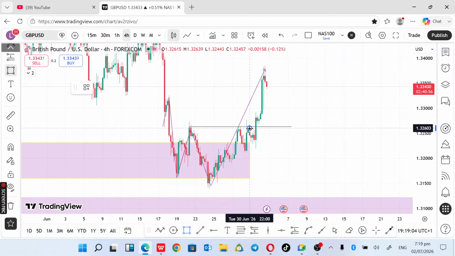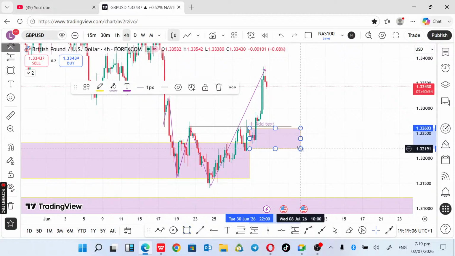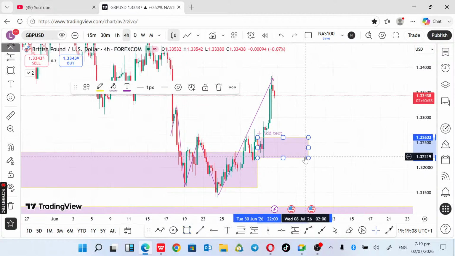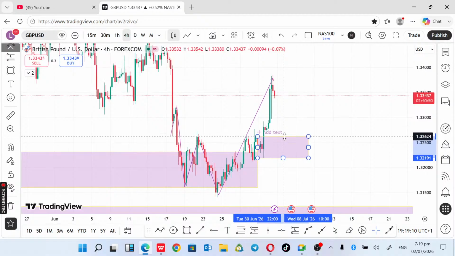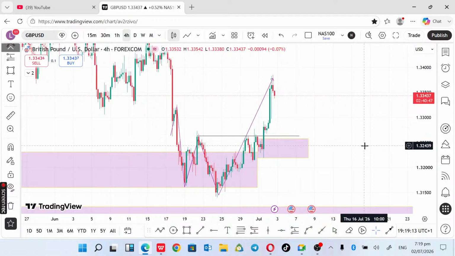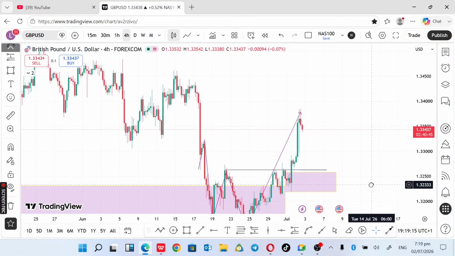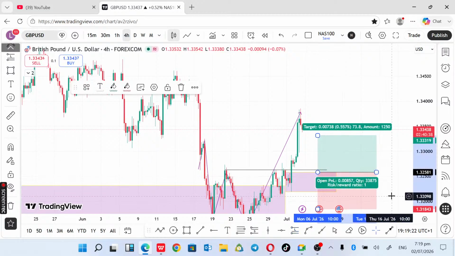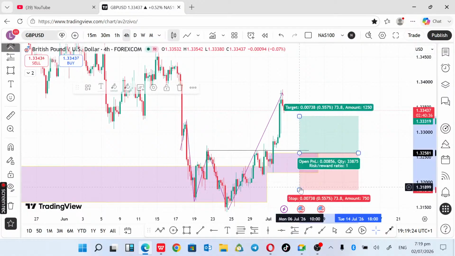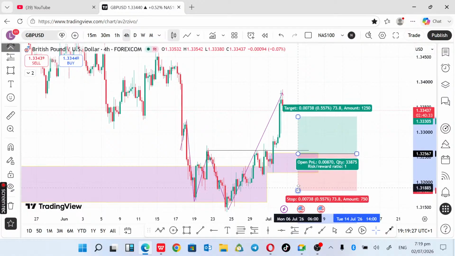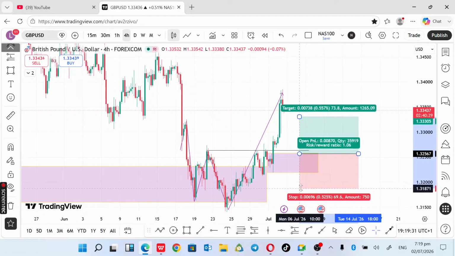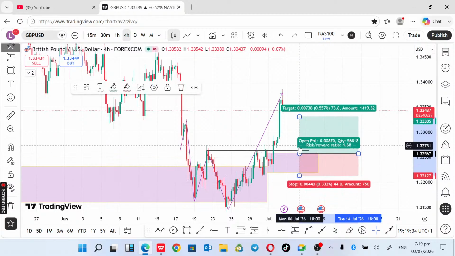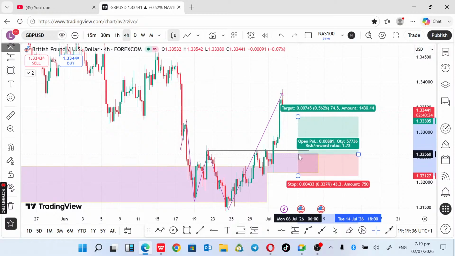So I mark out this support like this. I place my entry on top of it and stop loss below.